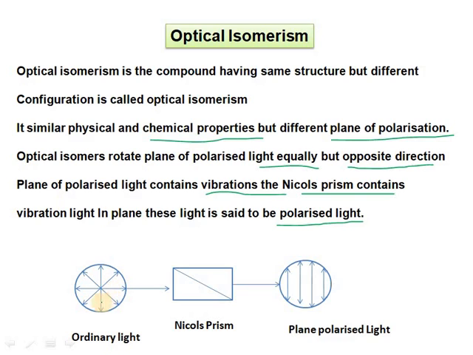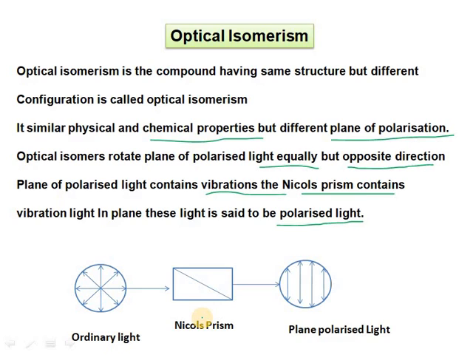When this light is passed through a Nicol prism, only one plane of vibration remains, and such light is said to be polarized light.